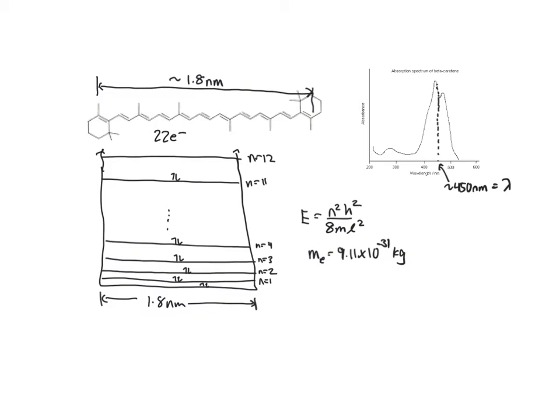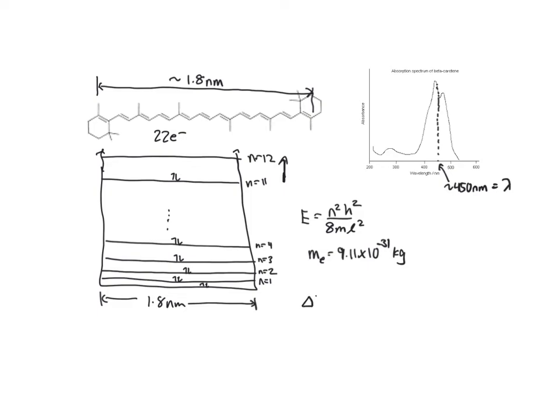That means that since all of these lower levels are filled, I can't move electrons into them. My first transition that I can observe is between n equals 11 and n equals 12.